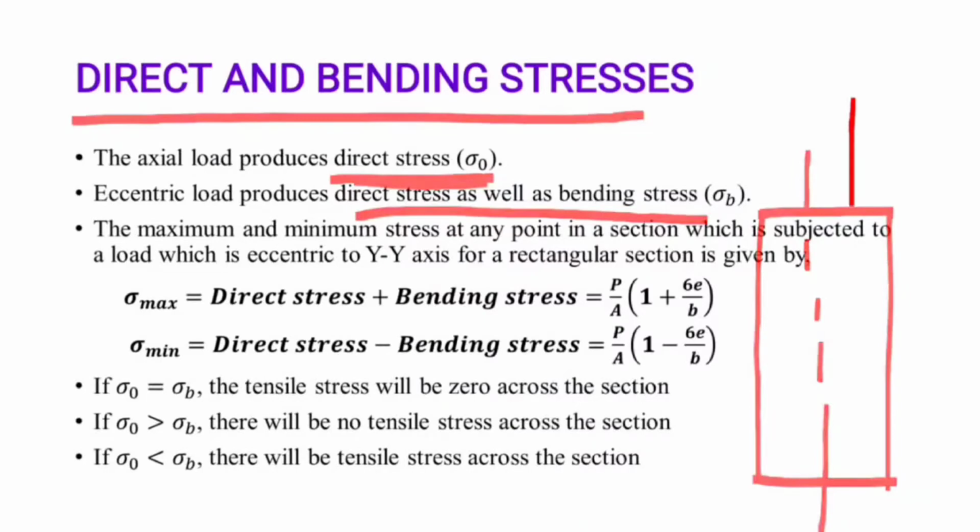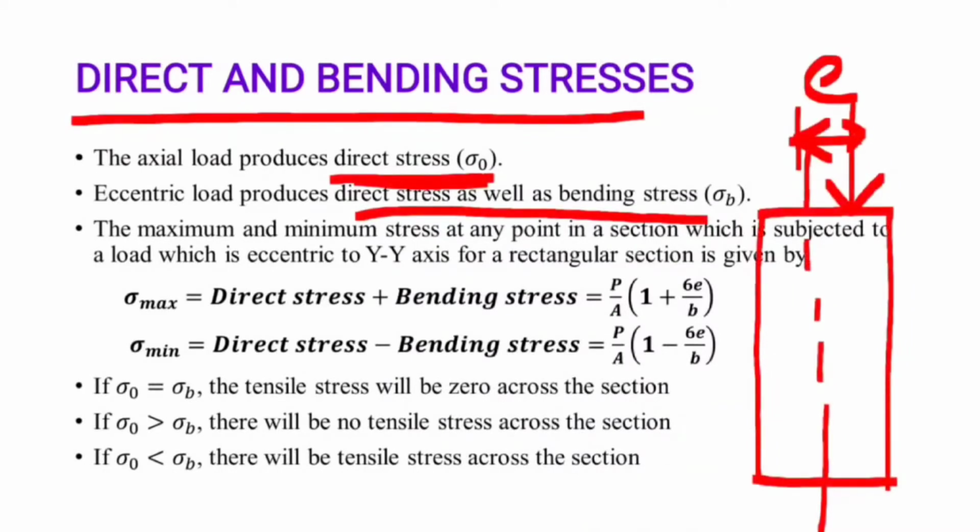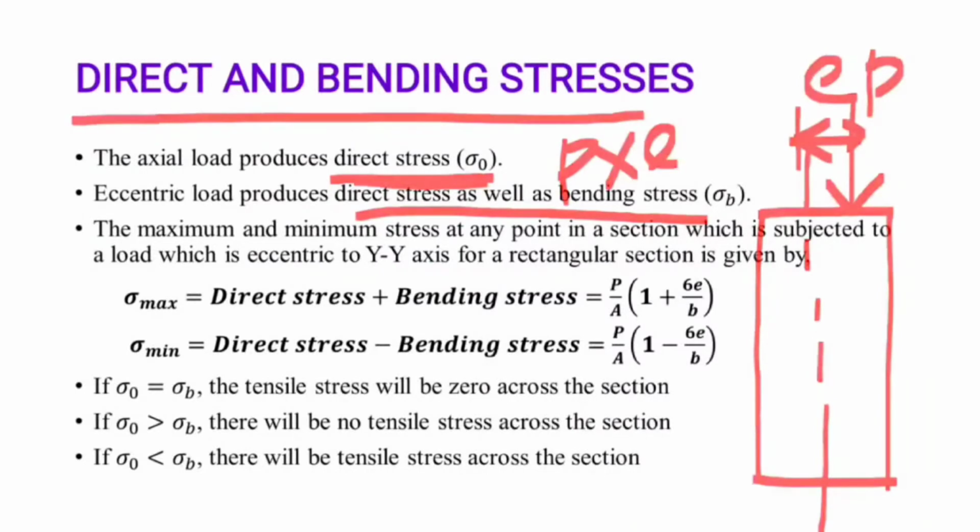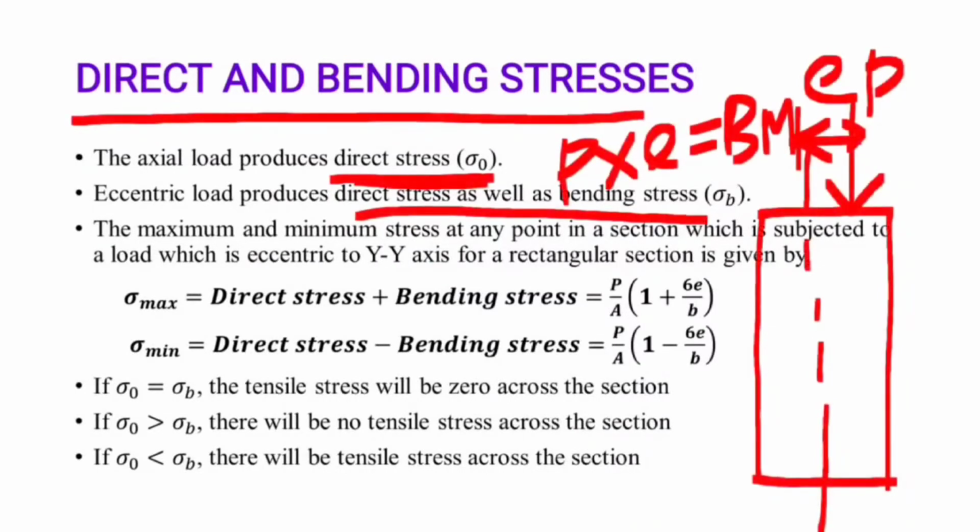When the load is at some eccentricity to the axis, E is the eccentricity. Then due to this, P into E is the bending moment. Bending moment is there and P alone produces direct stress.